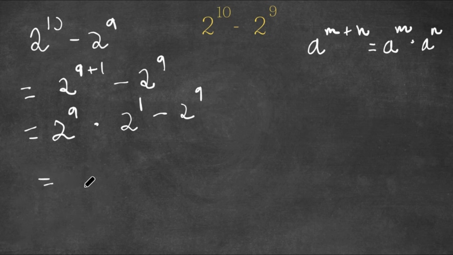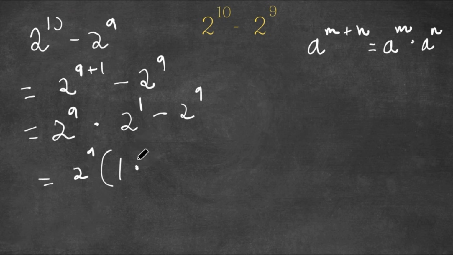And now this is equal to, now I'm going to factor out 2 to the power of 9 from this. So if I factor out 2 to the power of 9, I get 2 to the power of 9 times, now 2 to the power of 9 divided by 2 to the power of 9 is 1.